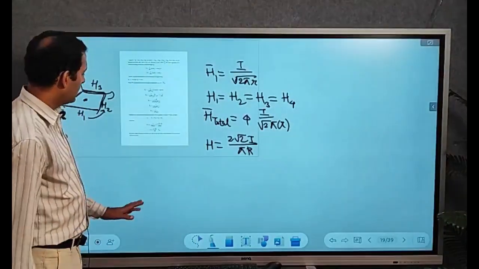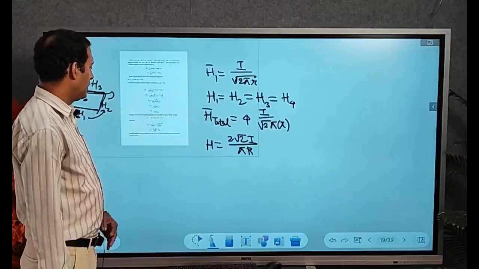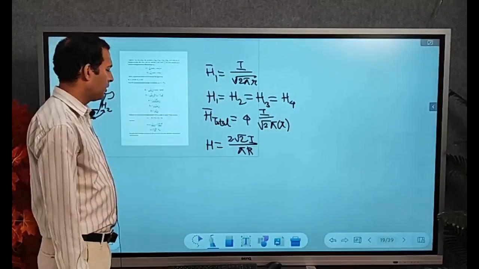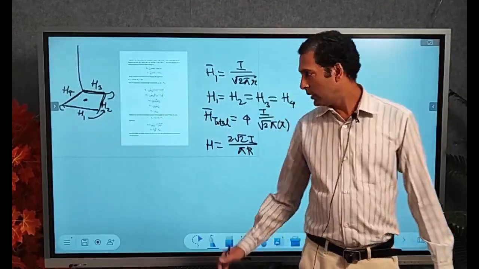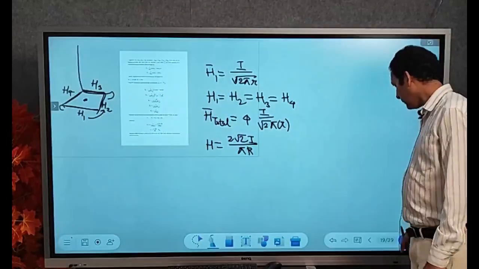The magnetic field intensity is acting on the z axis, so we can add the z axis direction component to make it a vector. So this is about this one.